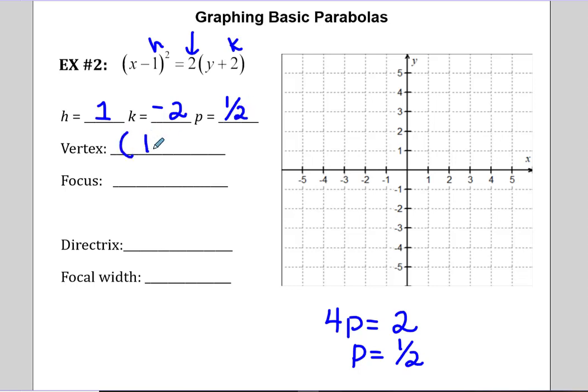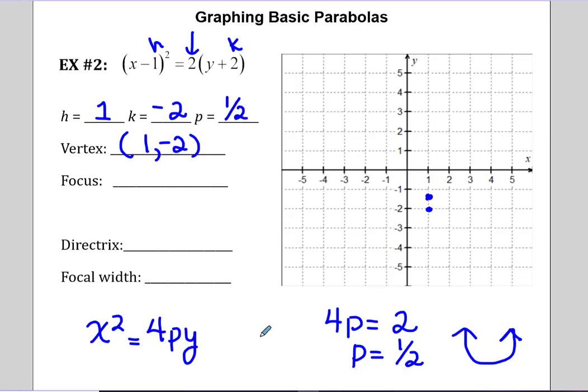So if our vertex is at (1, -2), and the p-value is positive, and the form is x squared equals 4py, then we've got a positive p, so our parabola has to open upward. And our vertex is at (1, -2), and we're going to go up 1/2, so up 1/2 is right there, and then down 1/2 is right there to get our directrix and our focus.